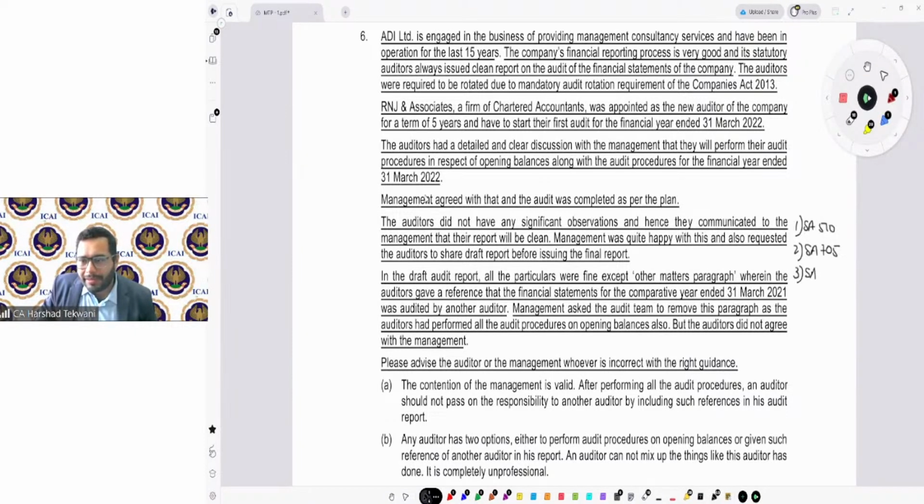Third, SA 706. Fourth, SA 710. Where we have discussed this particular thing in detail. In which standard have we discussed this? Come on, guys.